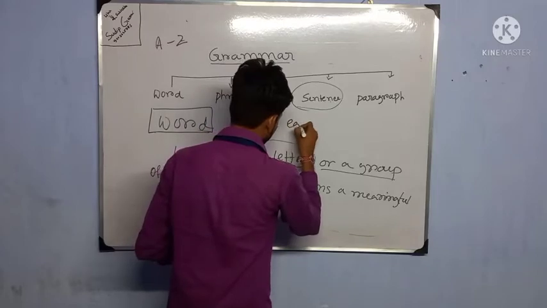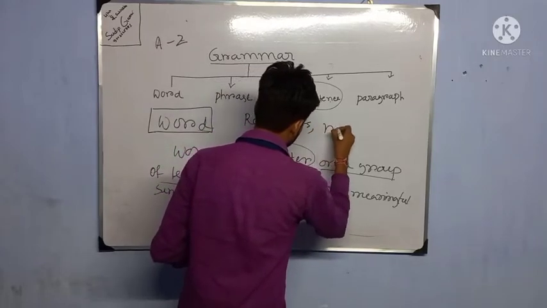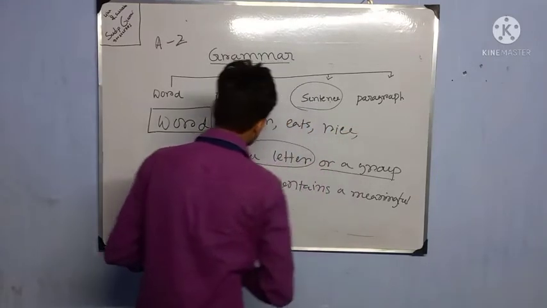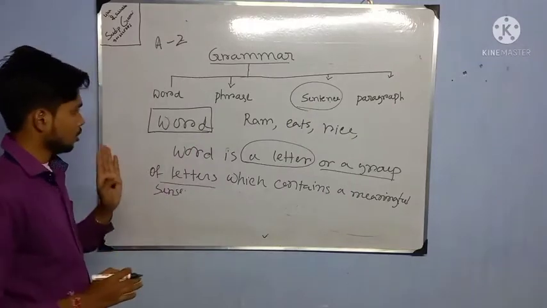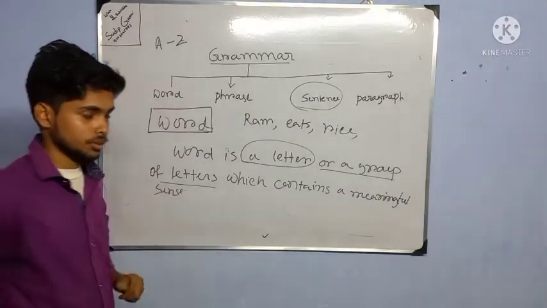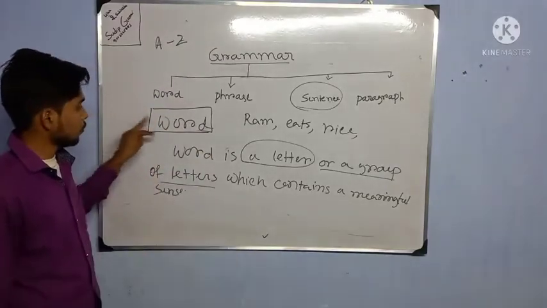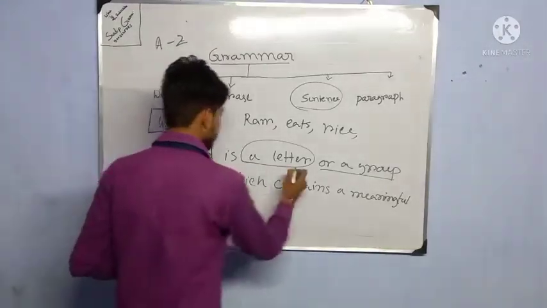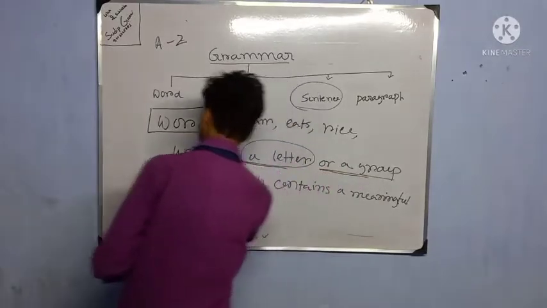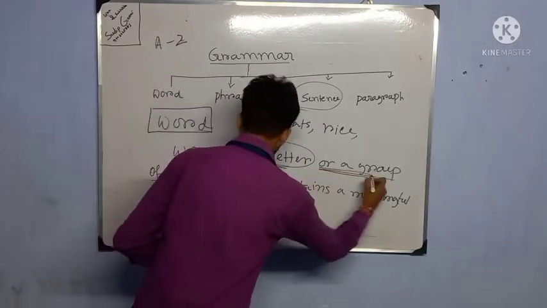For example, Ram eats rice. Look, there are two conditions. To be an example of a word, there are two conditions. First condition is a letter or a group of letters.